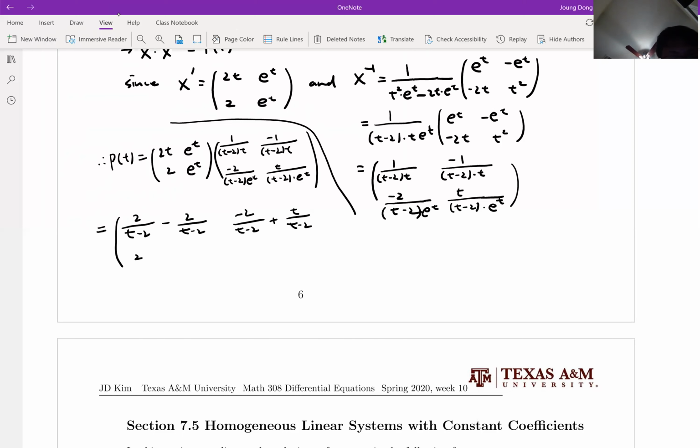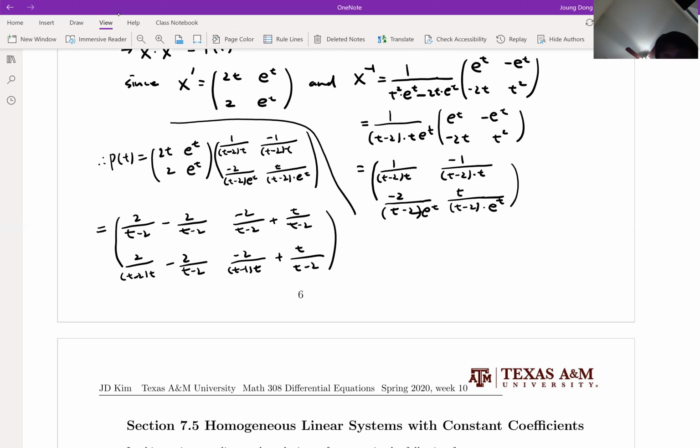And the very last one is negative 2 over t minus 2, then e to t is cancelled out, and plus t over t minus 2.